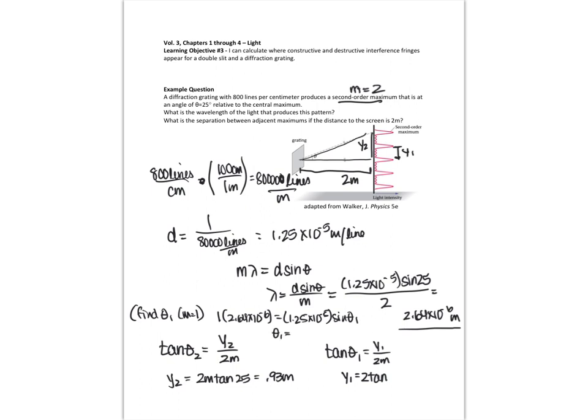Since I ran out of room, I'm not going to rearrange this, but I think you can do that. My angle where my first maximum is going to take place, not the central maximum, but the first order one, is 12.2 degrees, and that's the number I want to put in here. I forgot I needed to find that before I did this calculation.